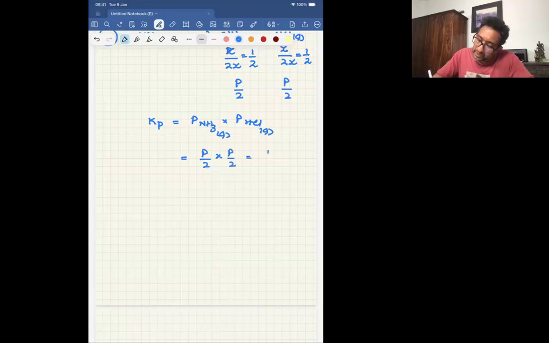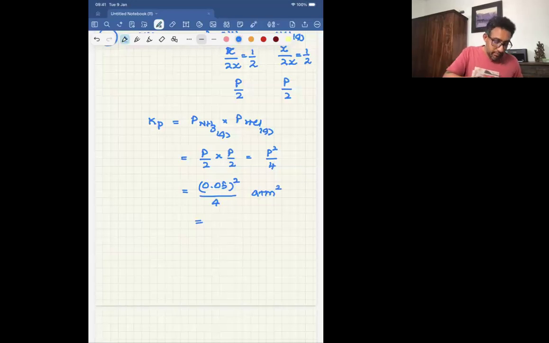That means P squared divided by 4. That is 0.05 squared divided by 4 atm squared. That gives you 6.25 times 10 to the power minus 4 atm squared.